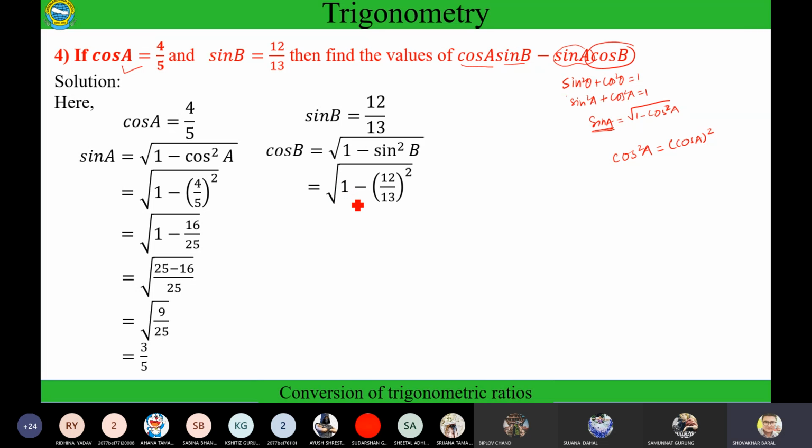It is square root of 1 minus 12 by 13 whole square. Let's simplify it further, and it will be square root of 1 minus 144 by 169.